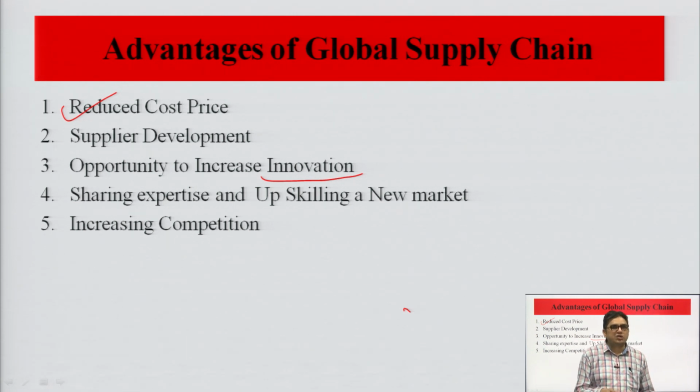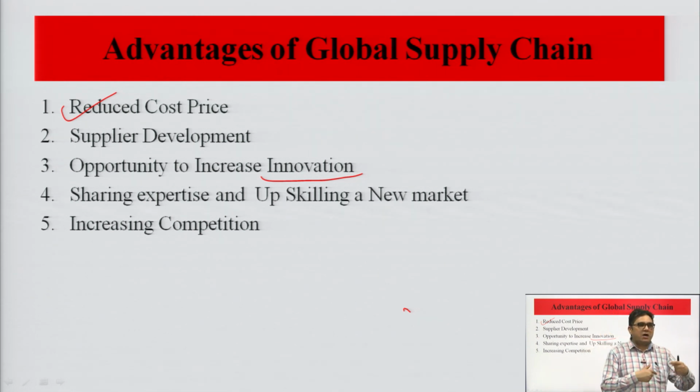So, this innovation and research and development is very important, and this can happen when our supply chain is global and we are in sync with each other.